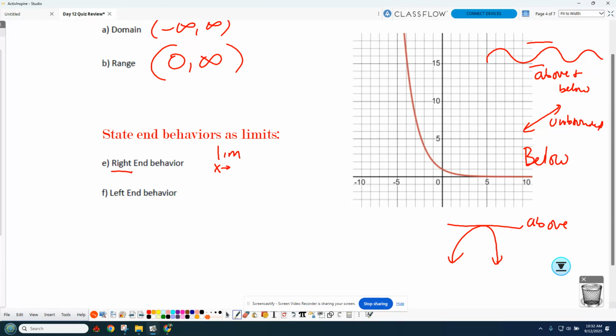At the end of time, what's the x value when we reach the very, very end of time? Infinity. So as x goes to infinity, where is the function's y value? It's getting really, really close to 0. I'm never going to have 0 paper, but it's getting close.